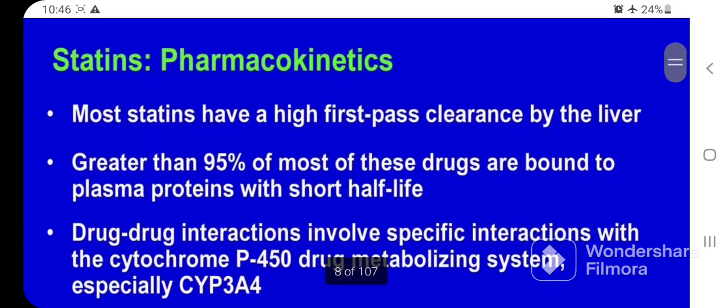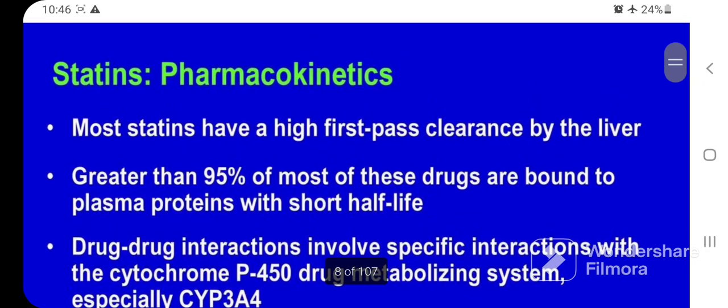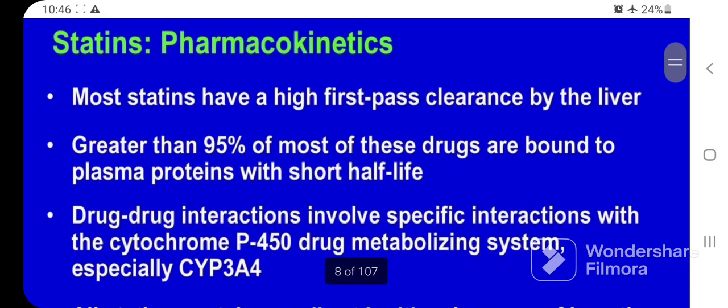Next, let's discuss the pharmacokinetics of the statins. Most statins have high first-pass clearance by the liver, meaning they are mostly metabolized in the liver.